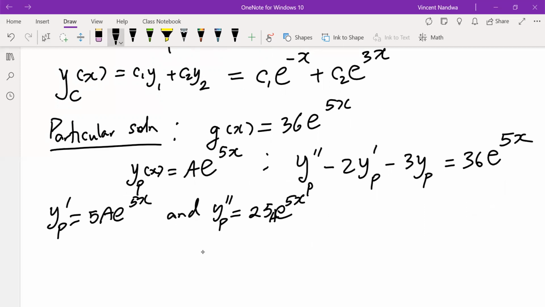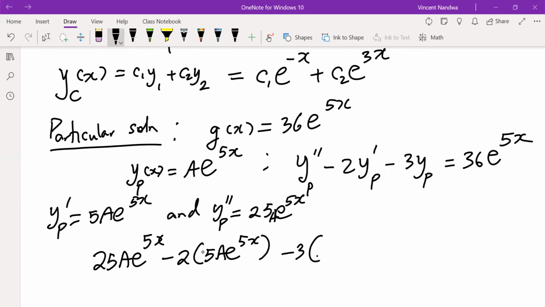Now replace these values in this equation. So we'll have 25a e raised power 5x minus 2 into 5a e raised power 5x minus 3 into a e raised power 5x equals 36 e raised power 5x.